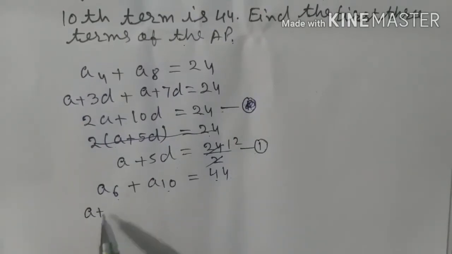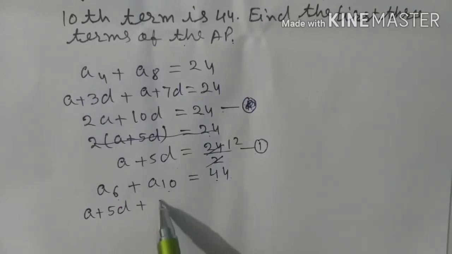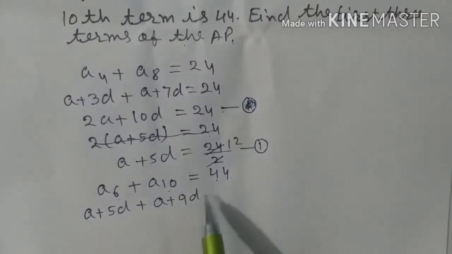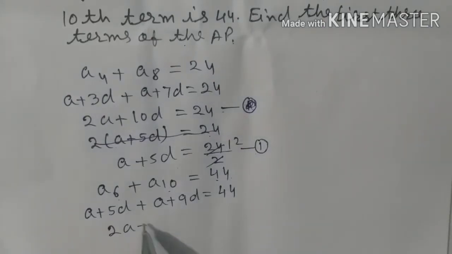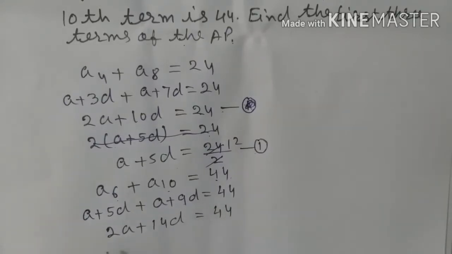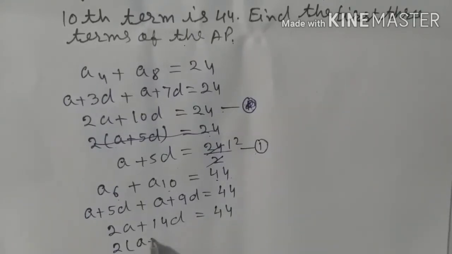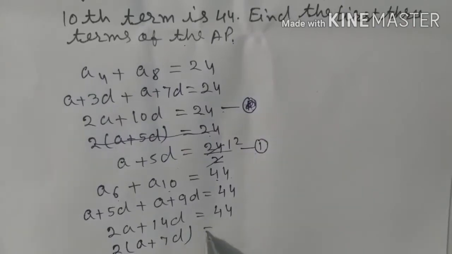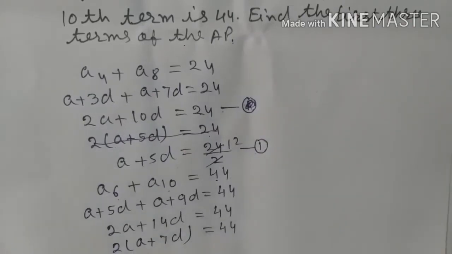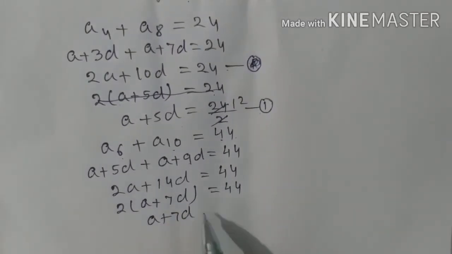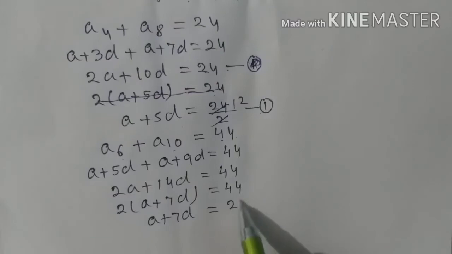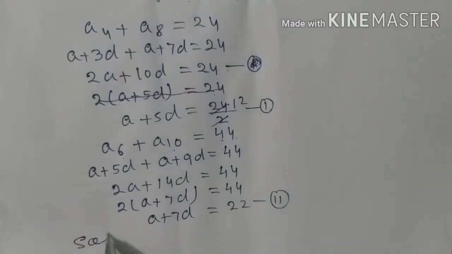A6 means A plus 5D, A10 means A plus 9D, equal to 44. 2A plus 14D is equal to 44. Now 2 is also common, so A plus 7D is equal to 22. Equation number 2.